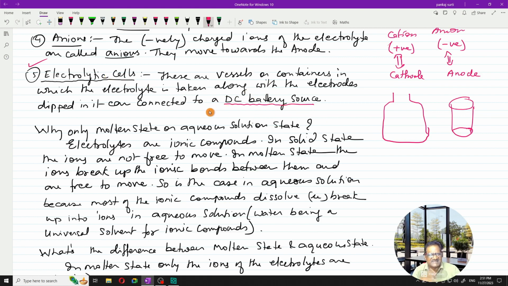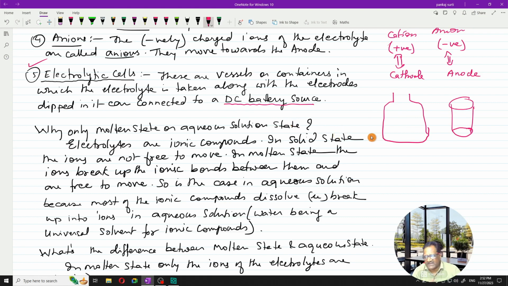So basically an electrolytic cell is an arrangement which you will have to make for carrying out electrolysis, and it will consist of a container like a glass bottle or a tin box, whatever it is, and you will have electrolyte poured in it, electrodes dipped in it, and this DC source of electric current applied to it. So that is an electrolytic cell.